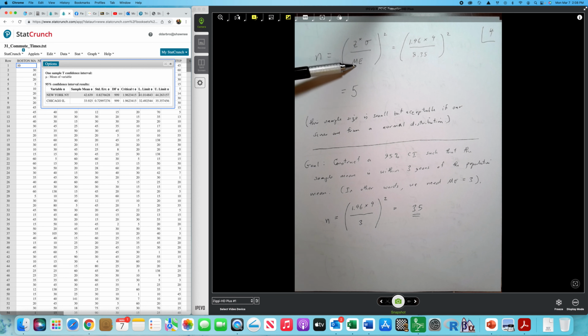Now, this is a really small sample size, and it would be acceptable if we knew that our measurements were from a normal distribution. Sometimes in real life, you don't get these large sample sizes, which reduce the margin of error as we may want.